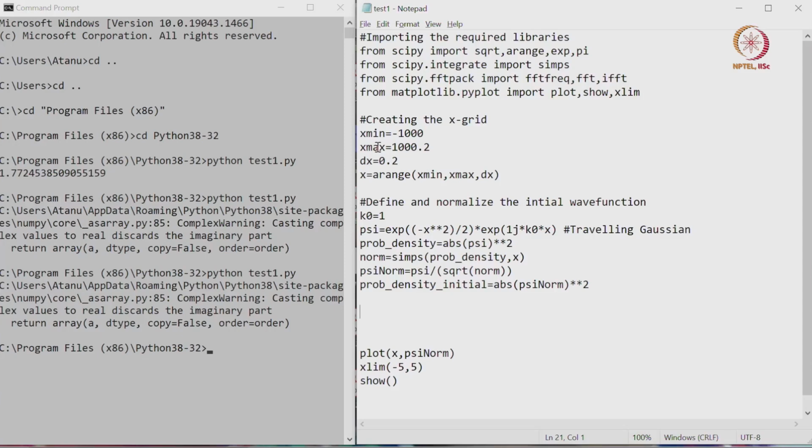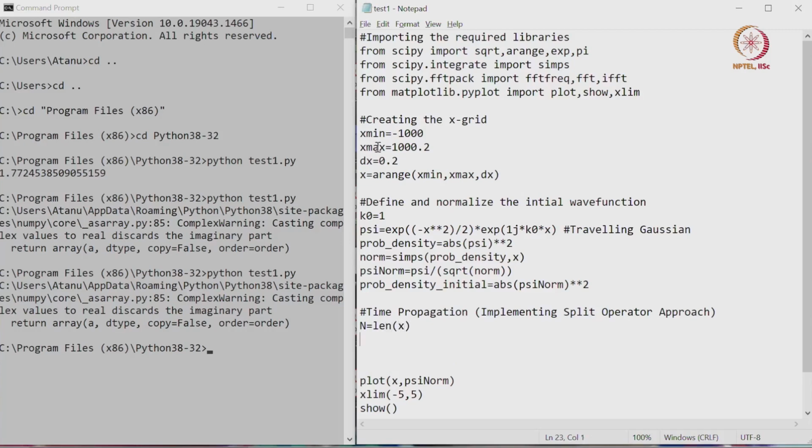So we will write down time propagation implementing split operator approach, n equals length of x.